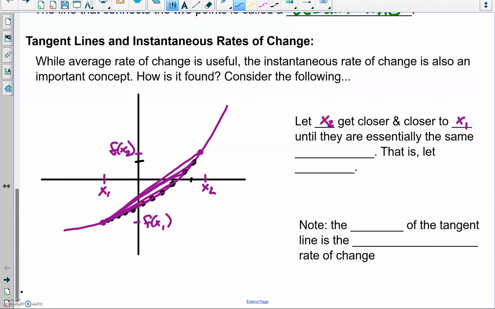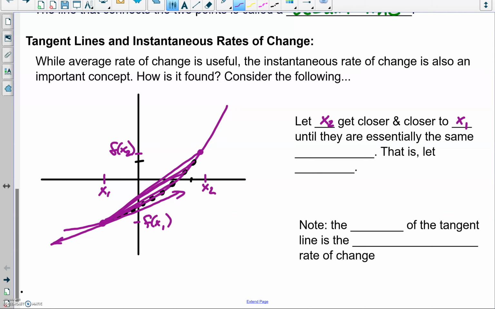And then eventually, when you let that second point get so close to the first point that you can hardly tell the difference between them, they're infinitely close to each other, what you're going to get here is a line that essentially touches the graph at 1 point.